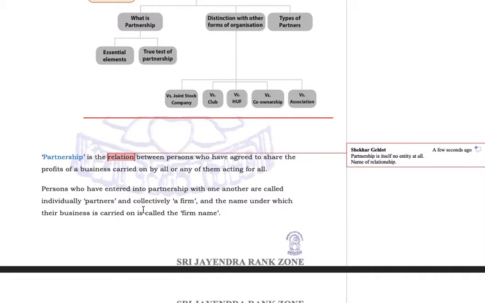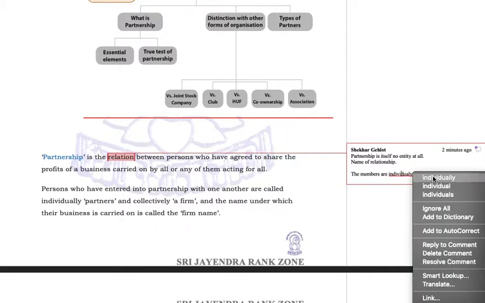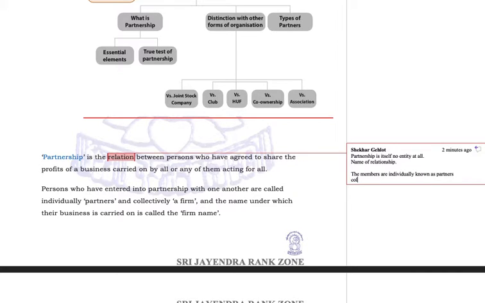Persons who have entered into partnership with one another are called individually partners, and collectively a firm.